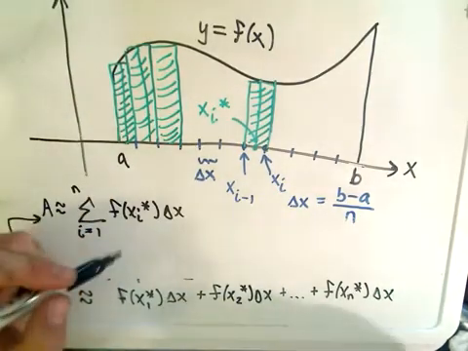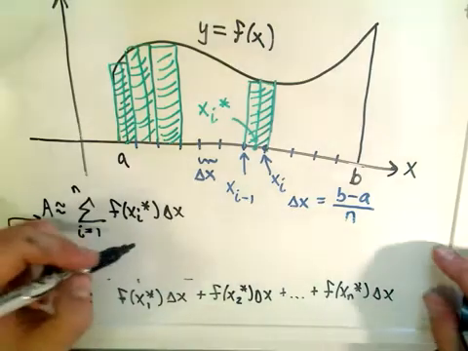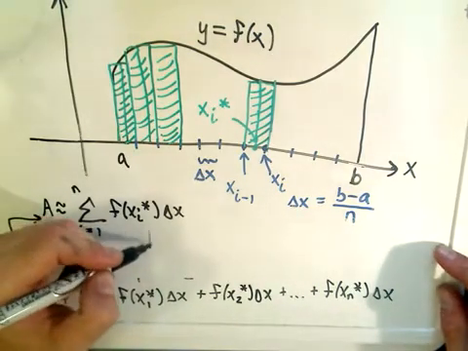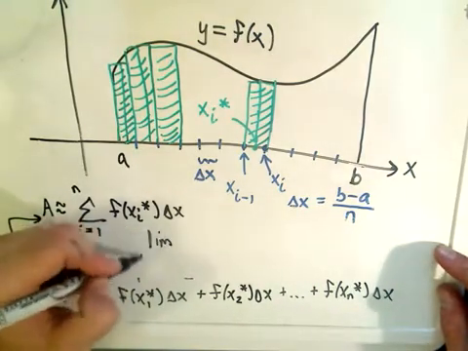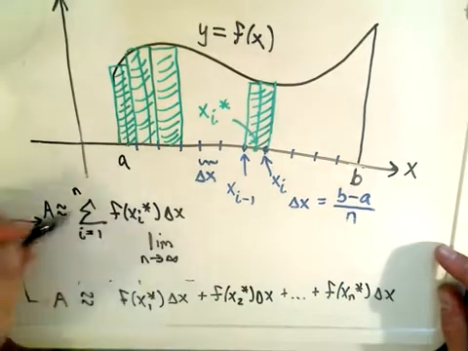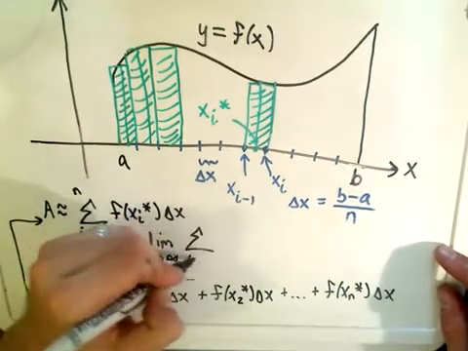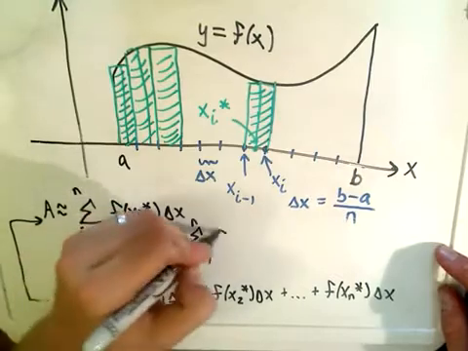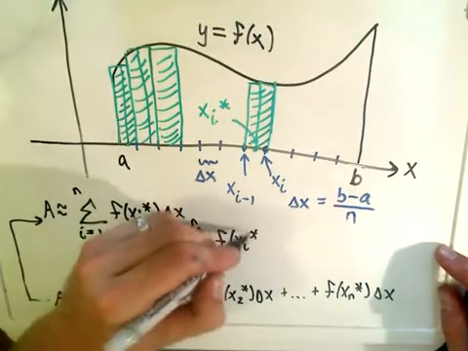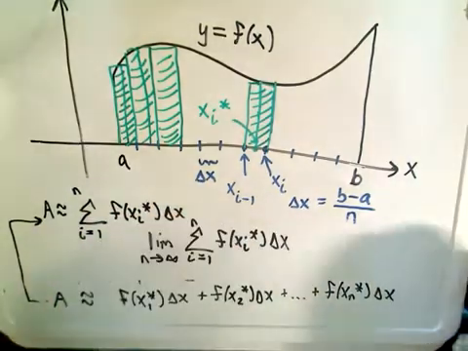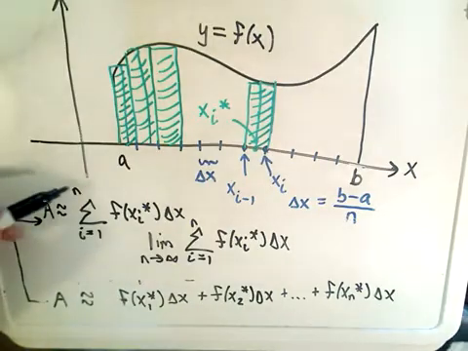Well, the way mathematically we say use more rectangles is we let the limit as n goes to infinity of this summation from i equals 1 to n of f of xi star times delta x. Because what are we doing?